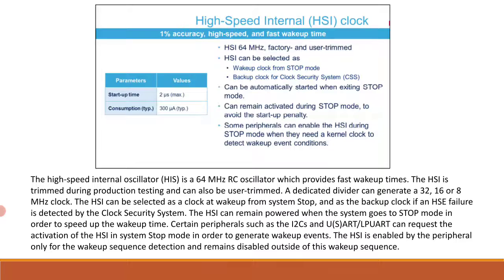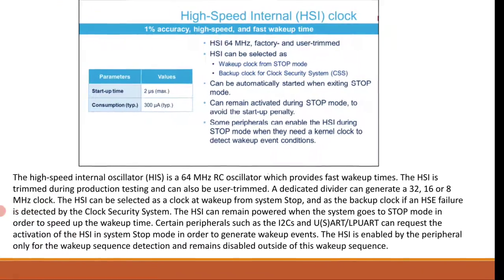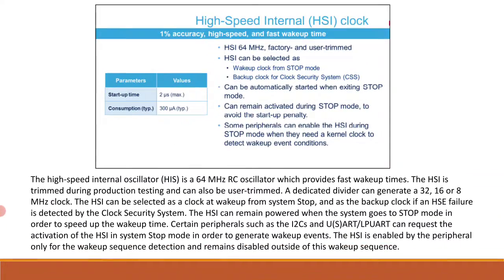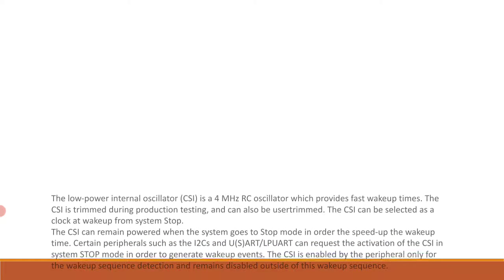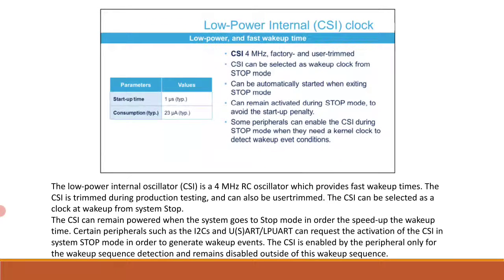Next is the low power internal clock, CSI. CSI is a 4 MHz RC oscillator which provides fast wake up times. The CSI is trimmed during production testing and also can be user trimmed. The CSI can be selected as a clock at wake up from system stop.